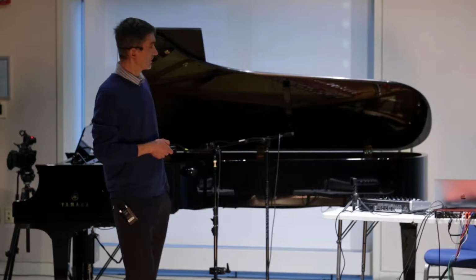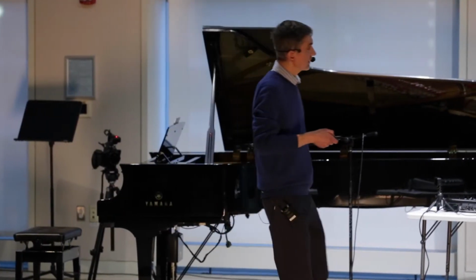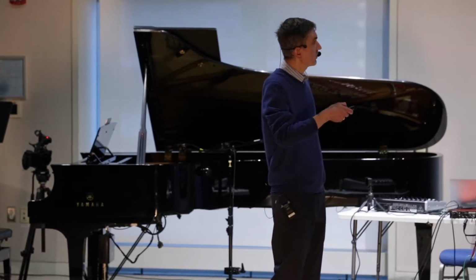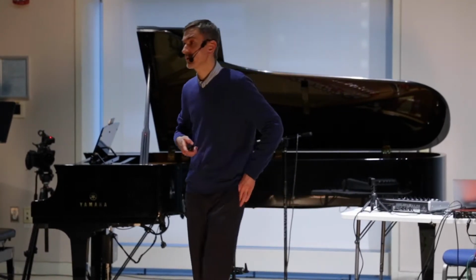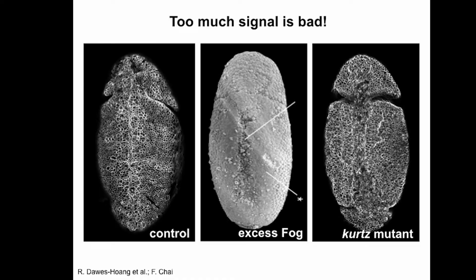For a number of years, my lab has been working with a signal controlling protein called Kurtz. And when we looked at Kurtz mutant embryos, we couldn't help but notice a similarity with the embryos that have excessive FOG. Now, I have to tell you what Kurtz is. Kurtz is a protein in Drosophila, which is very similar to human proteins called beta-arrestins.